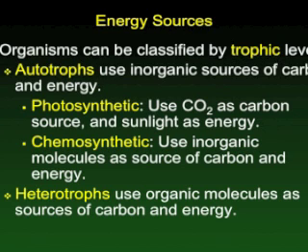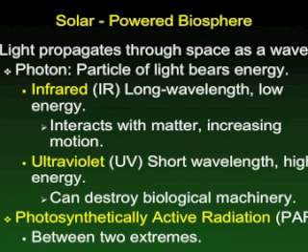Then the next major group of organisms, the heterotrophs, or other feeders, use the organic molecules that the autotrophs have built, and they get their energy from those, and then they extract the carbon from that and use that to build the various parts of their body. So basically we have a solar-powered biosphere, a biosphere that's driven by sunlight for the most part.